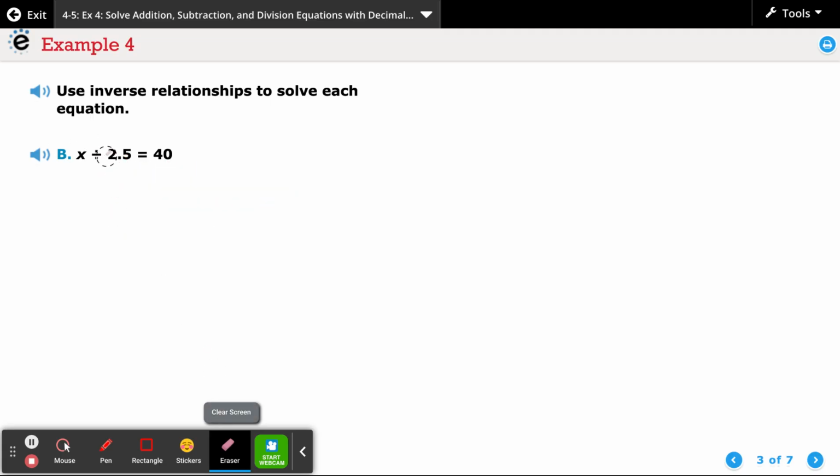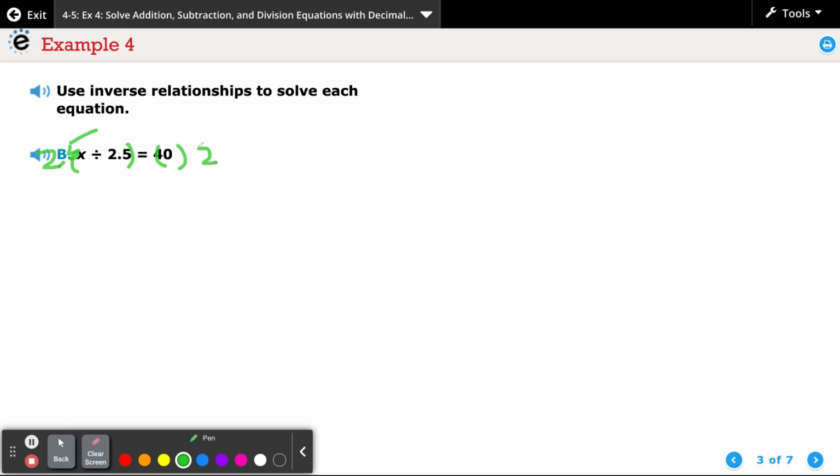They're telling us to divide by 2.5. Inverse operations, we're going to multiply both sides by 2.5. So when we do that, we put parentheses around it, and on the outside of the parentheses, we write 2.5. Over here, 2.5.